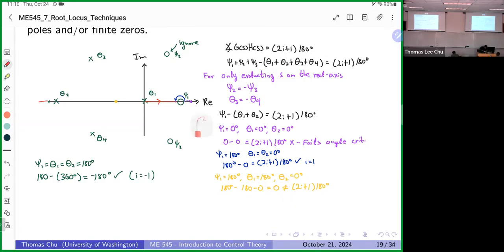Meaning we have a root locus that exists all the way on the left side of this pole going to negative infinity, because if we check anywhere along that line, the angle criteria works.